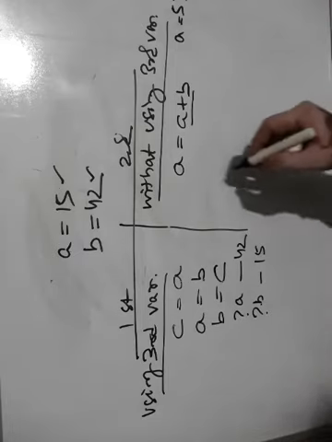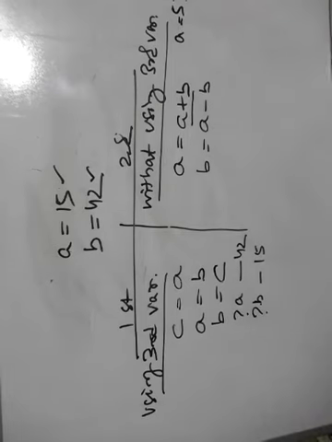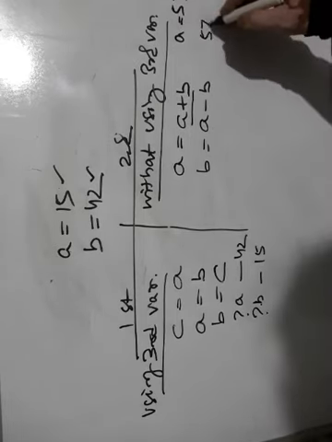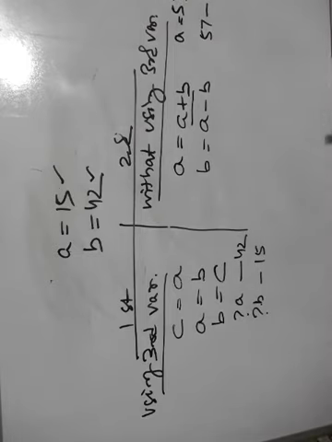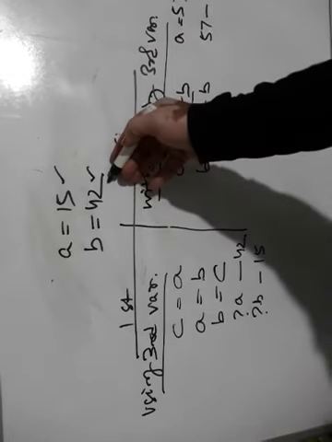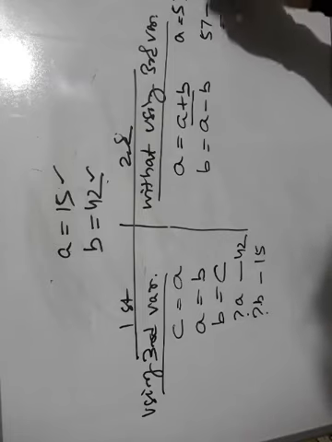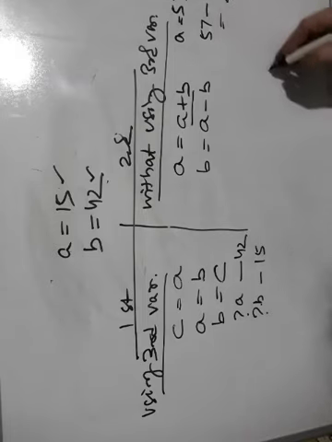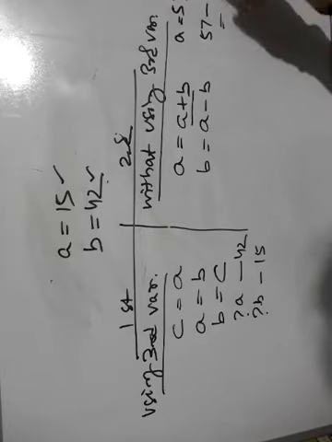A becomes 57. Then what you need to do is B equal to A minus B. B equal to A minus B. A minus B means what? The present value of A is 57, minus B. B is how much, students? B is 42, so 42 we need to subtract. What result did we get?